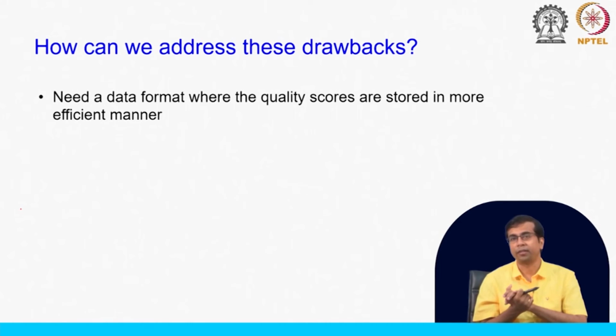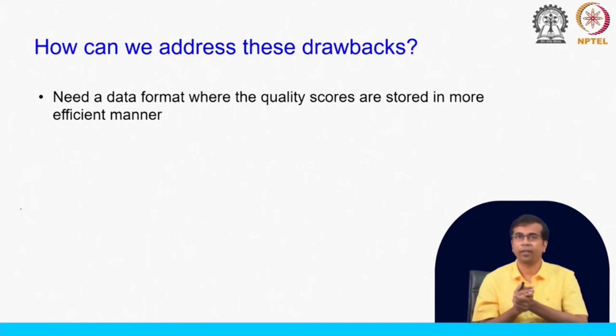Without spaces you cannot distinguish which quality score is for which base. We can probably do better and have more efficiency there. If you can do that, this will require less storage space on the computer or the server, which is desirable.